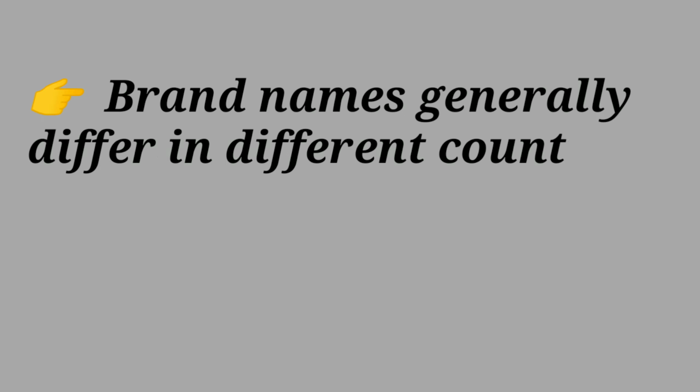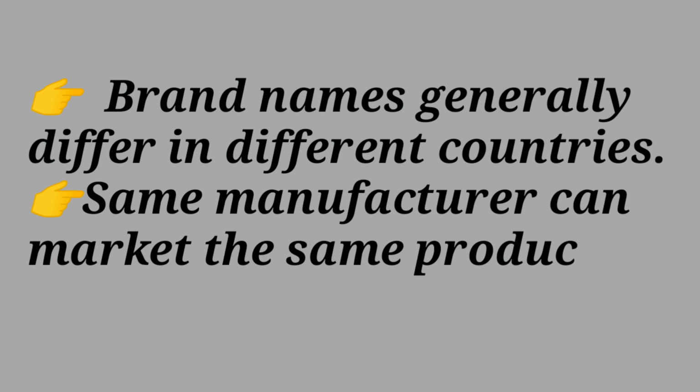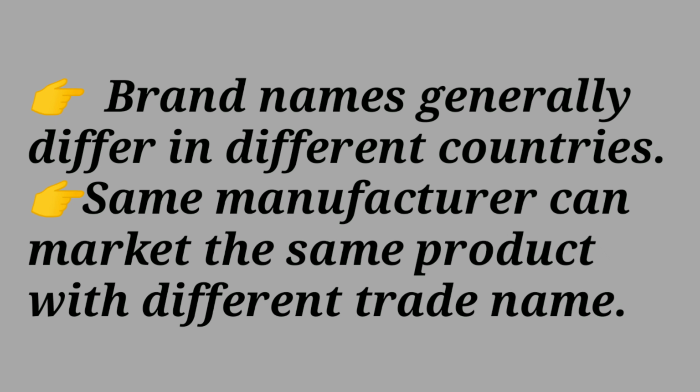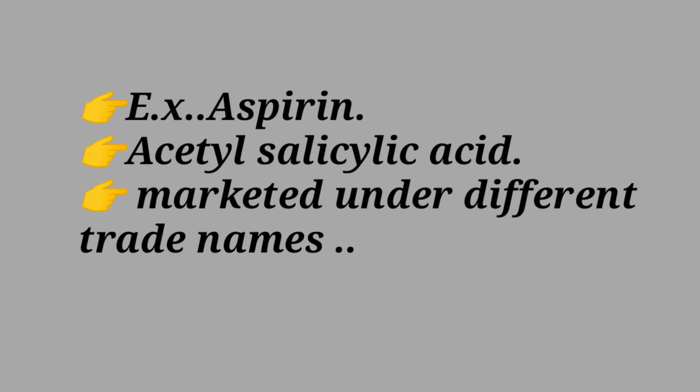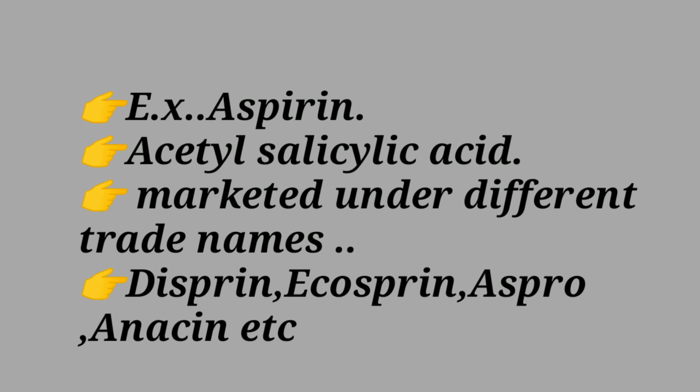Brand names generally differ in different countries. Similarly, the same manufacturer can market the same product under different trade names. For example, aspirin, which is acetyl salicylic acid, is marketed under different trade names like Disprin, Ecosprin, Aspro, Anacin, etc.